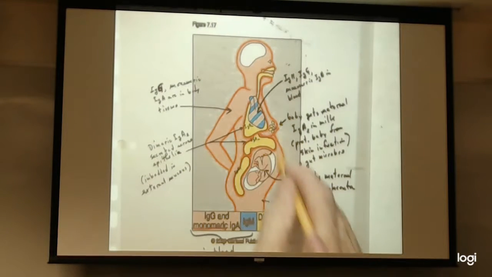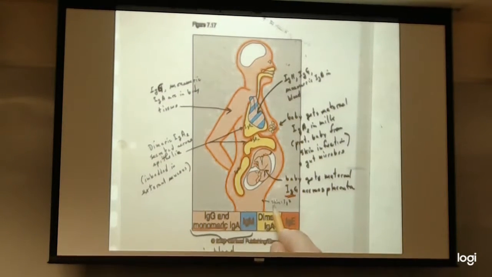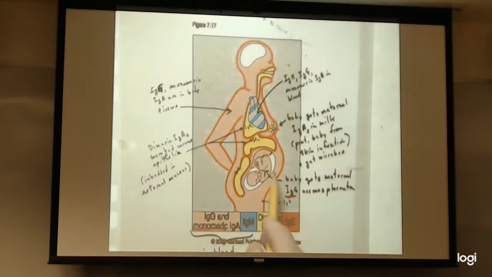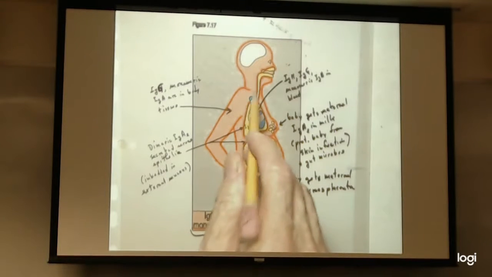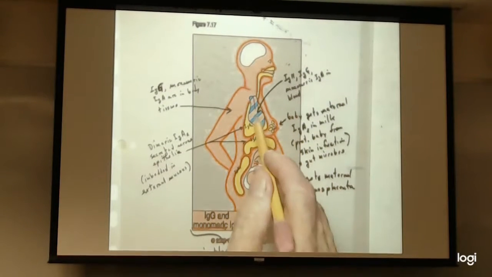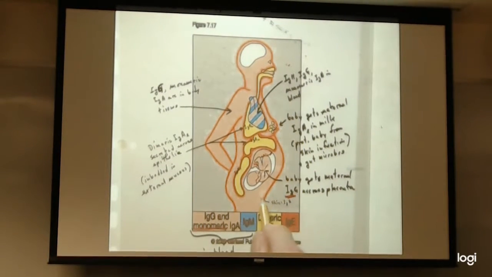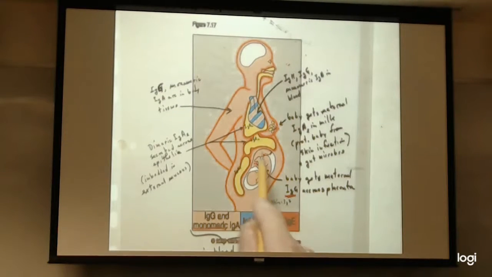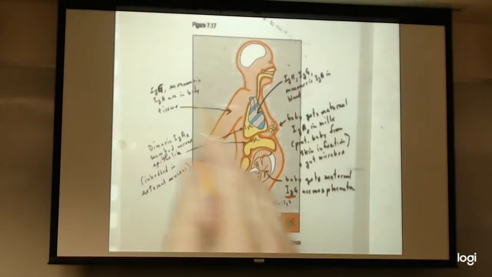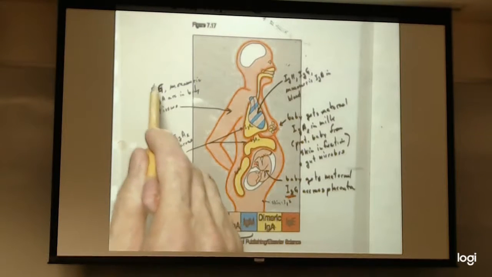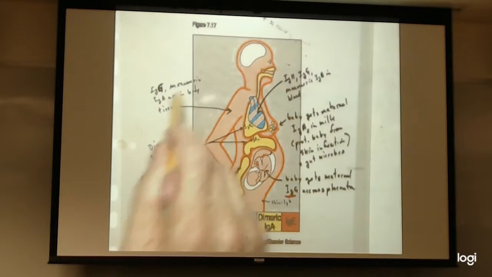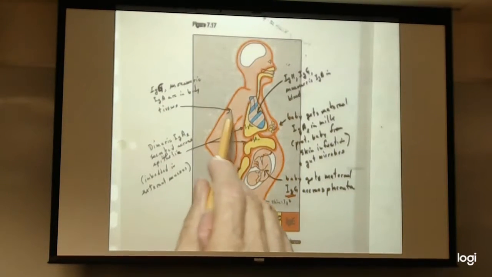All of this here and so forth. Well, I'm just going to start reading here. Immunoglobulin G and monomeric IgA are in the tissues here.